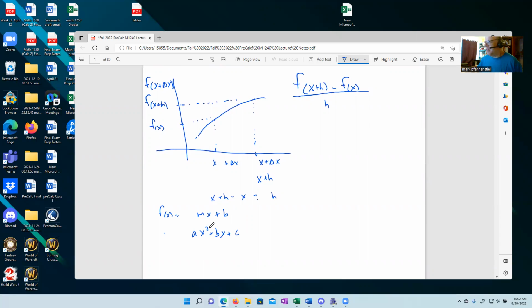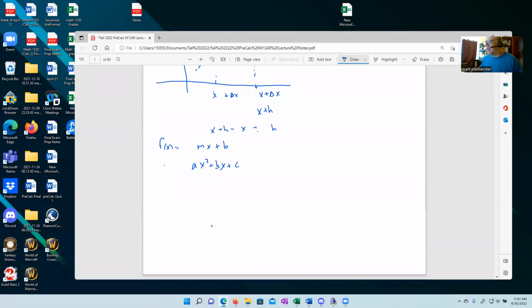Now, I am not going to give you a, b, and c as a quiz question. What you're going to see is something like 3x squared minus 4x plus 1. That's the question you're going to get. We're not going to do a, b, and c to you just yet. That artificially increases your difficulty level. I know you're not there yet.